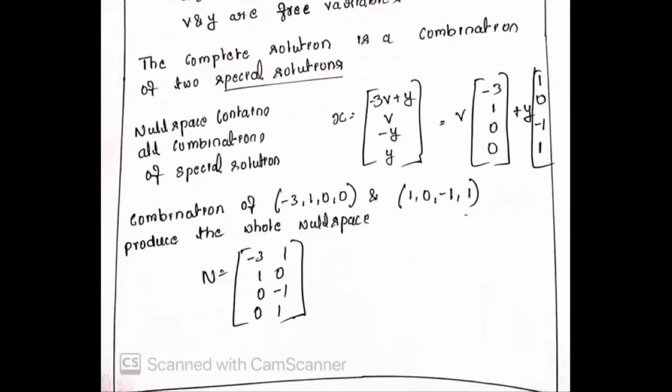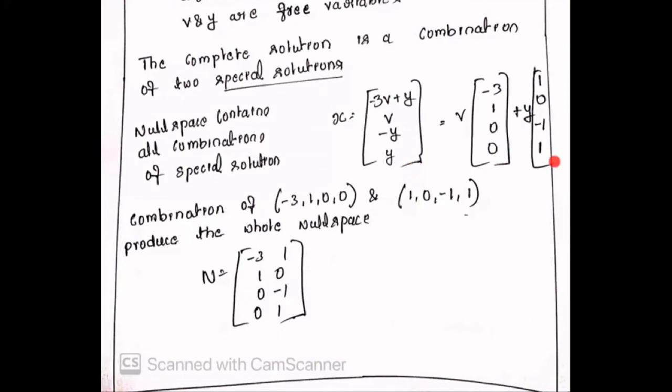So what we did was, you separated this out into two vectors, in terms of V and Y. So the V terms are minus 3, 1, 0, 0. That is what we have written here. The Y terms are 1, 0, minus 1, 0. That's why 1, 0, minus 1, 0 is written. These are called special solutions.